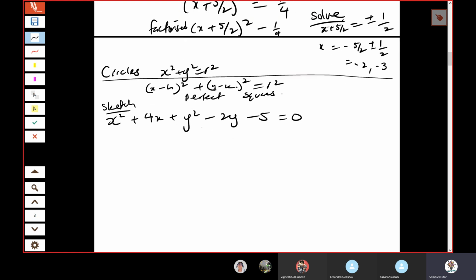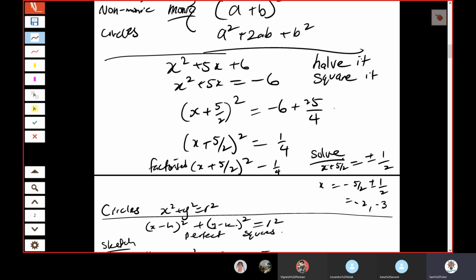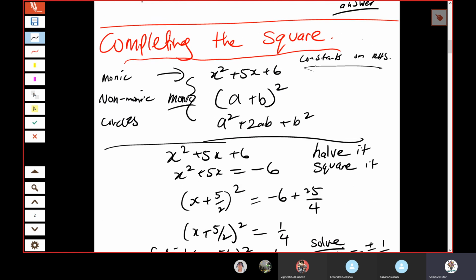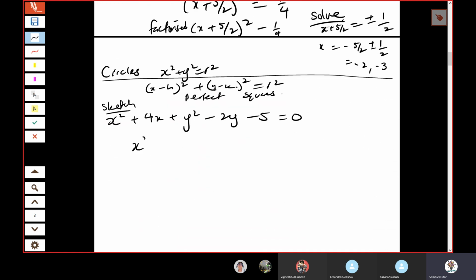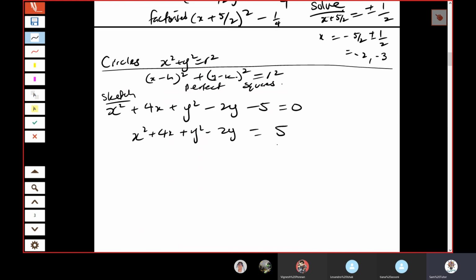To complete the square, we do exactly what I wrote up here. Constants on right-hand side, halve it, square it. You ready? Follow those rules. So x squared plus 4x plus y squared minus 2y equals 5. Constants on the right-hand side, there it is. Now, bracket, bracket squared plus bracket, bracket squared.